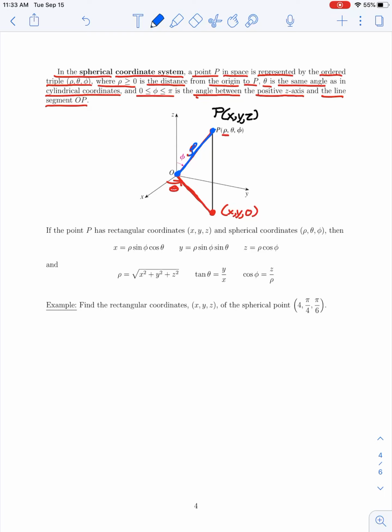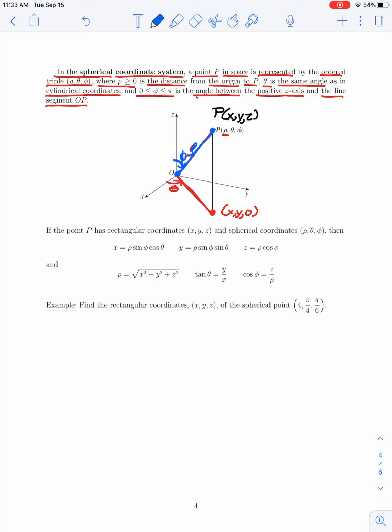The length of that segment is rho. Phi will be the angle that we have to rotate from the z-axis downward in order to get to that line segment from the origin to point P.